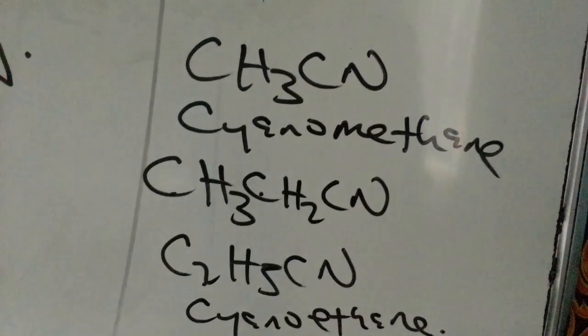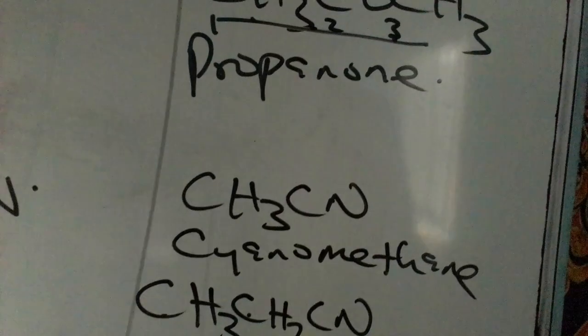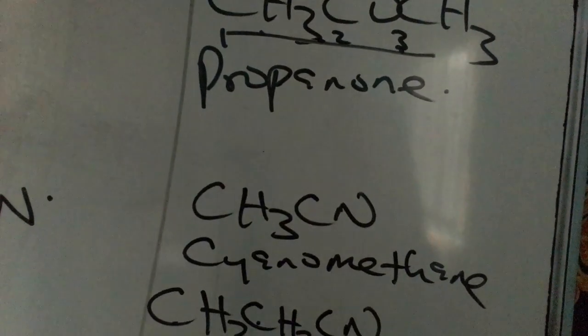There are 2 carbon atoms here, as you can see. This is called cyanoethane, based on the IUPAC nomenclature. So we're not looking at the common names so much today, but when we go to nomenclature in detail, we're going to combine both the IUPAC nomenclature and the common names of the different homologous series.